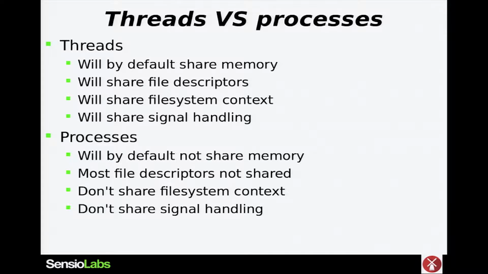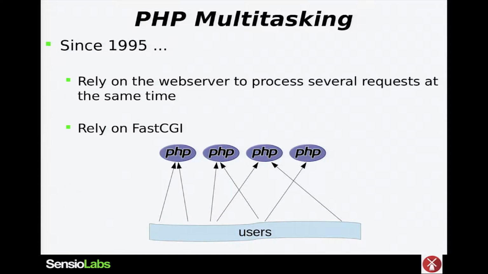They share the signal handling as well, which is quite hard to manage. But like we can see, processes don't do this. So threads are a lighter process, and to be lighter, they have to share things with other threads in the same process. Okay.